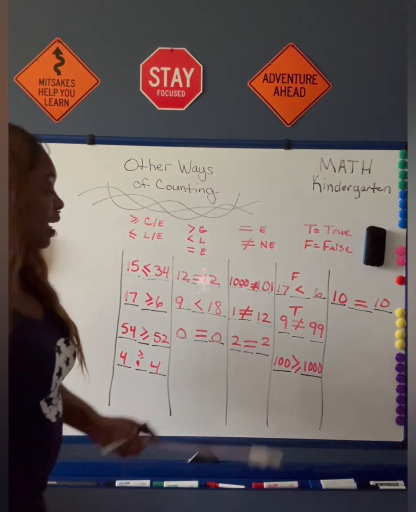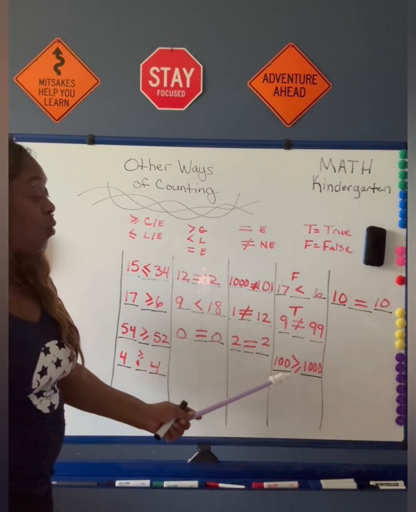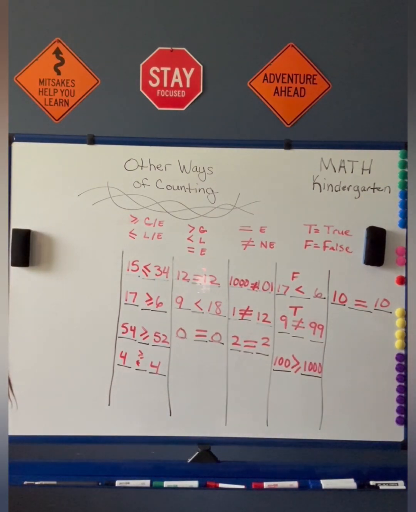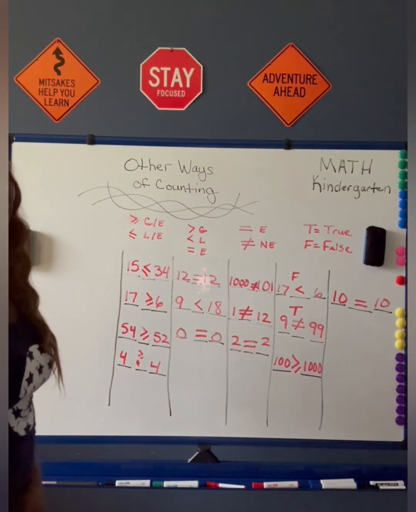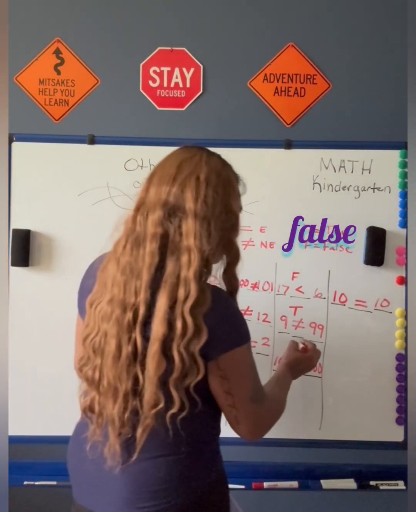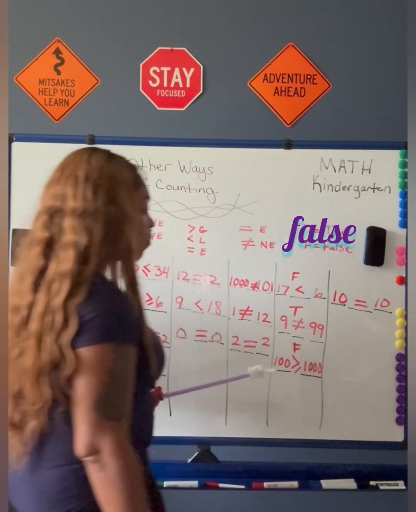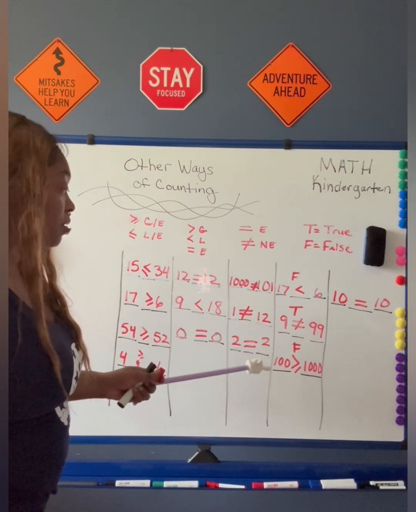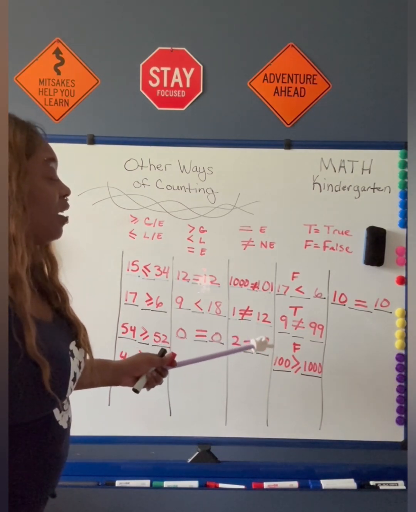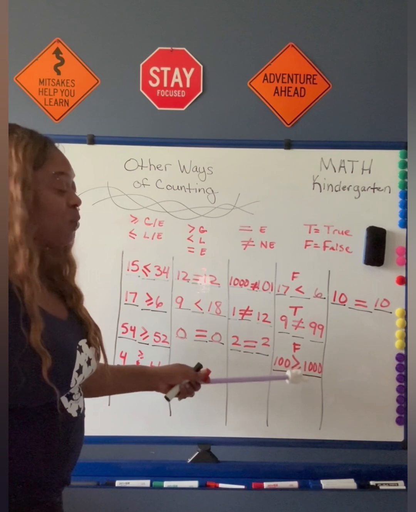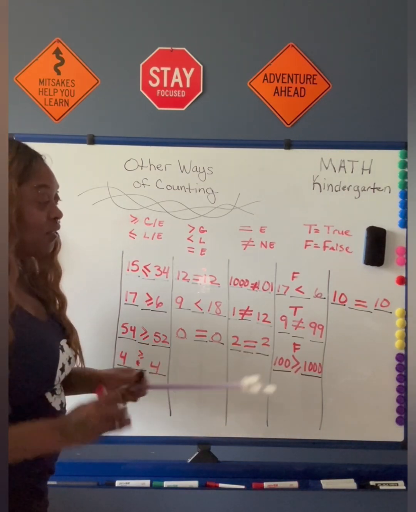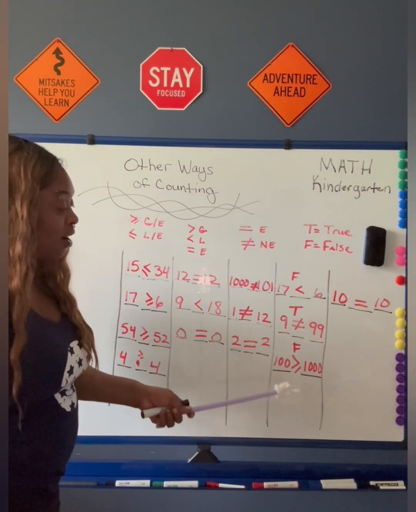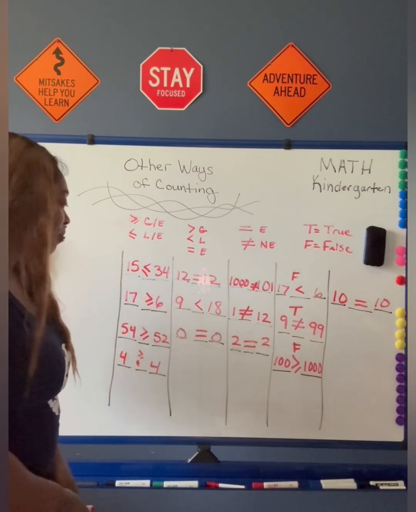Is that true? Is 100 greater than or equal to 1,000? It is absolutely false, because 100 and 1,000 is not equal. They are definitely two different numbers. And 100 is not greater than 1,000. 1,000 is surely by far greater than 100.